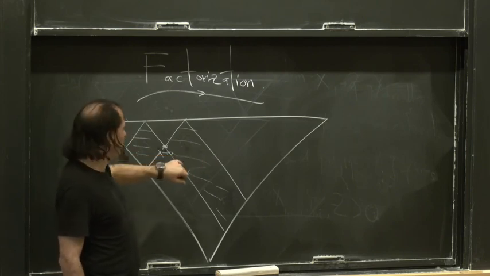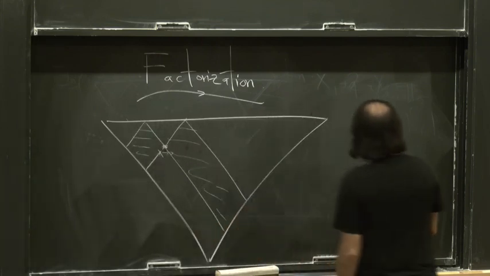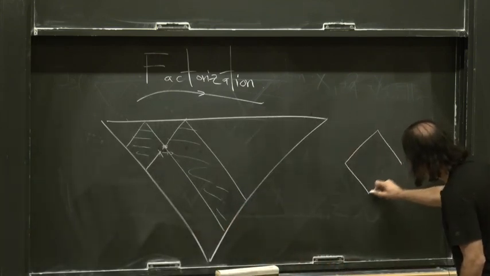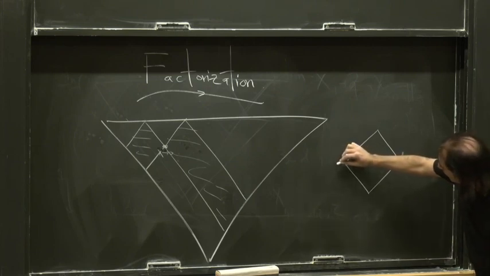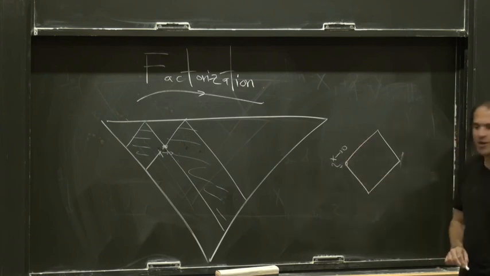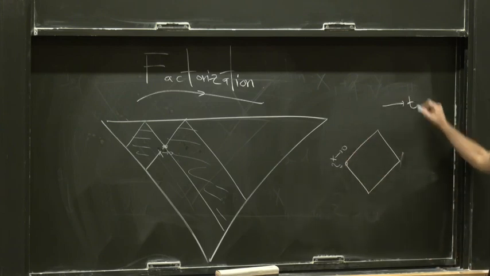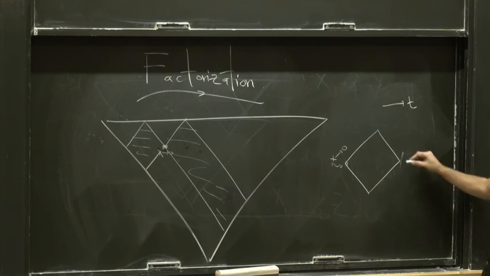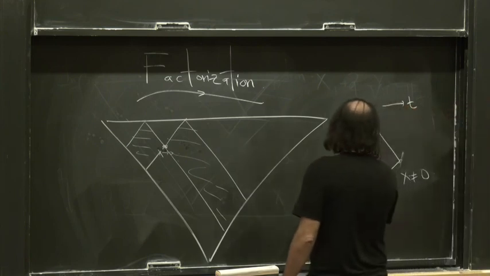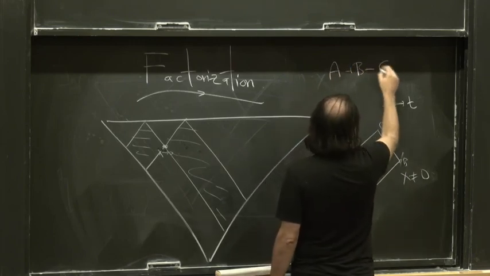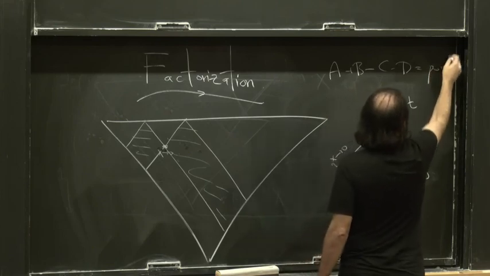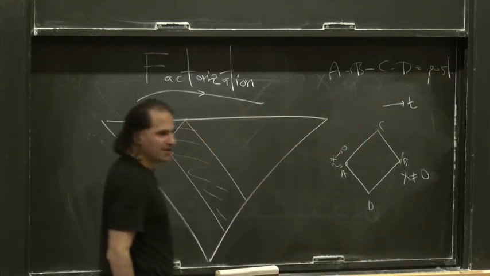In other words, let me say the more general statement. If you draw any causal diamond that fits in the space-time, any causal diamond at all, if I put x equals 0 here on one corner of the diamond, remember this is time, if I put x equals 0 in the past, I cannot put x equals 0 in the future. Why not? Because, remember, if this is A, B, C, D, I have to have A plus B minus C minus D is something positive, because I assume that the current is positive.